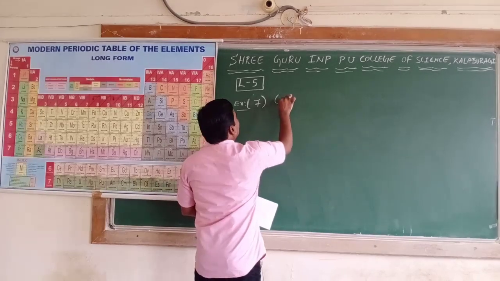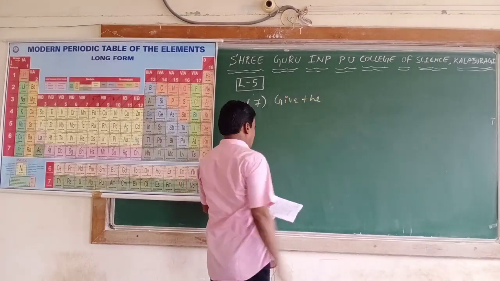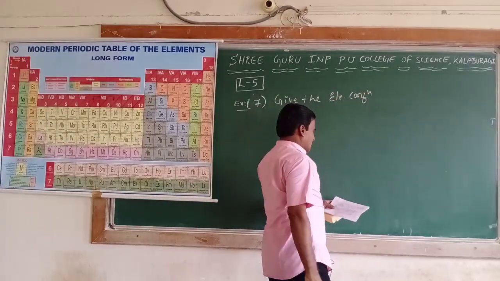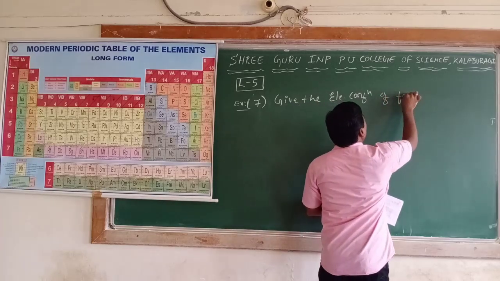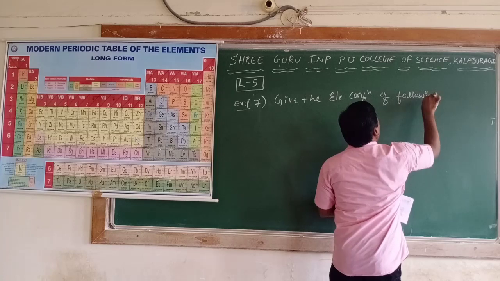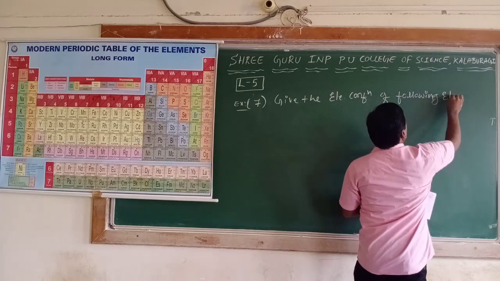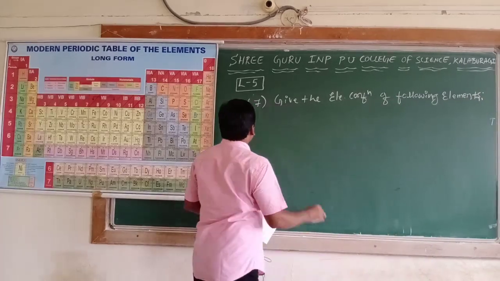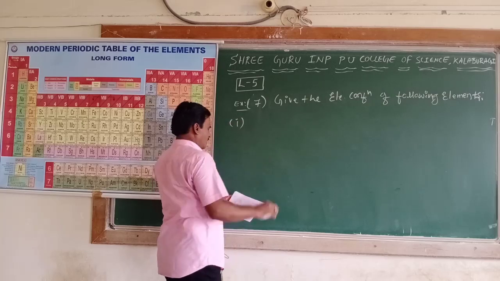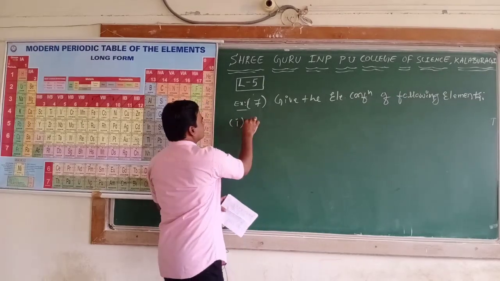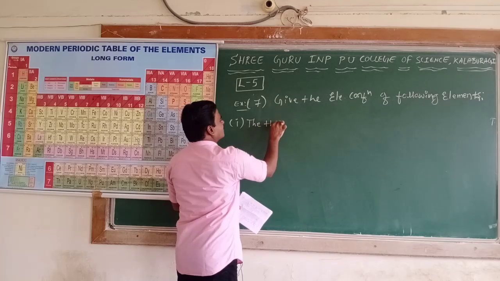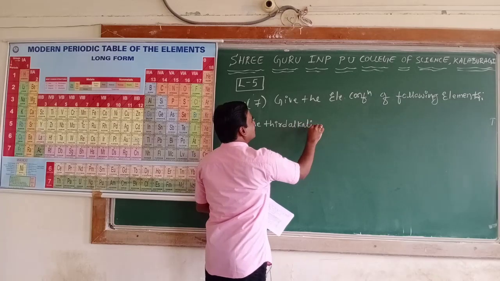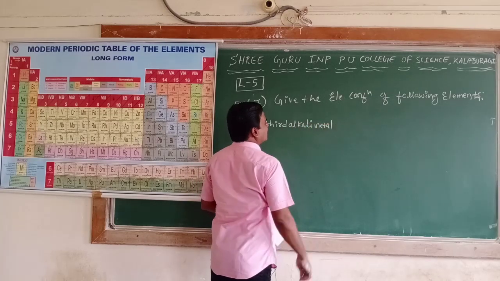Give the electronic configuration of the following elements. First one, the third alkali metal. You will be asked a question of this kind also. The third alkali metal.